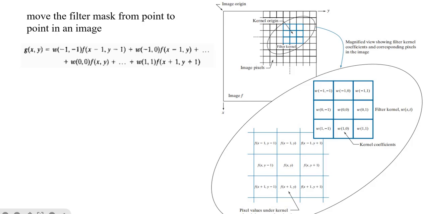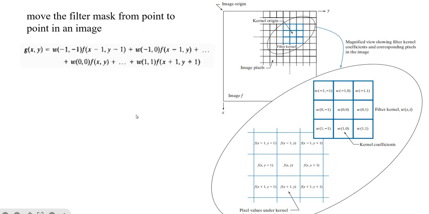You find the product of these and go on adding. The first one, w of -1 comma -1, is multiplied with f of x-1 comma y-1, plus similarly the next two, and so on up to the last one.